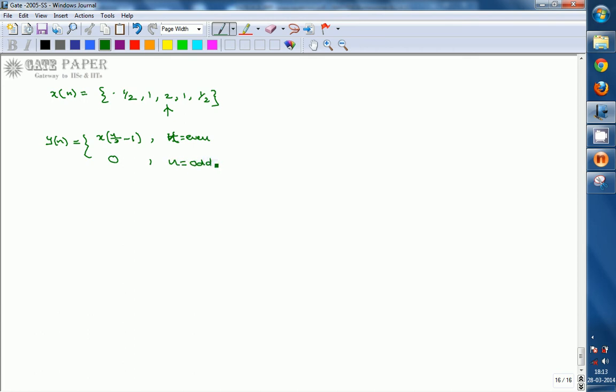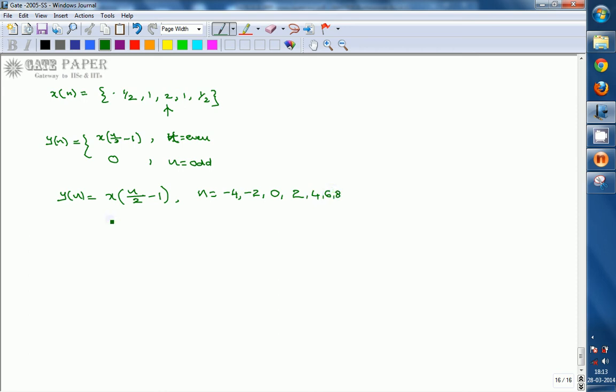So by finding the values of y of n, here we can observe that y of n equals x of n by 2 -1 for n even, which we can consider as -2, 0, 2 for the given x of n, and we may also consider -4, and on this side 4, 6, 8 for any even values of n.